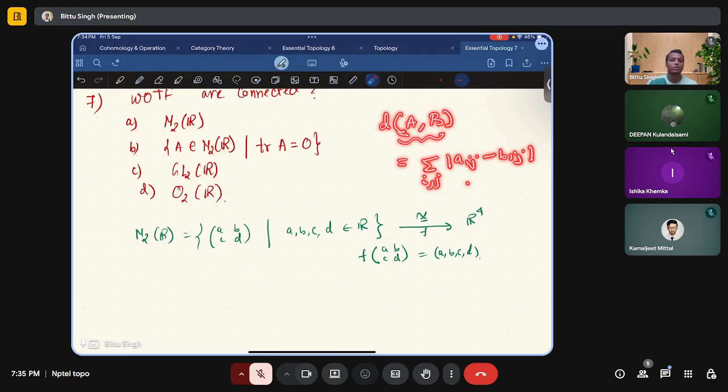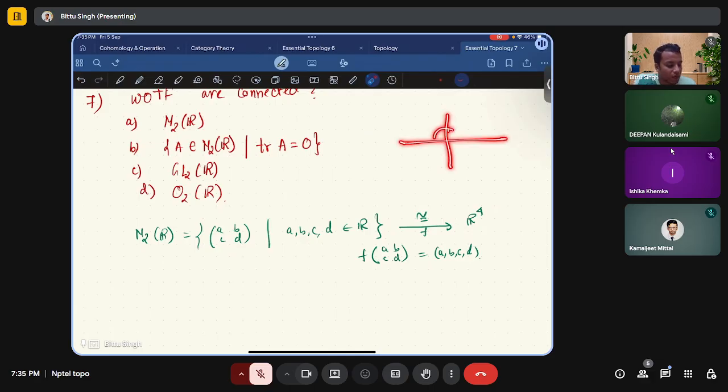It is like choosing a different basis. For example, recall that for R2 we can choose a basis like this kind of disk, but we can also choose a basis like some kind of square. So those different metrics correspond to those different open unit disks. This is an interesting exercise you should do on your own.